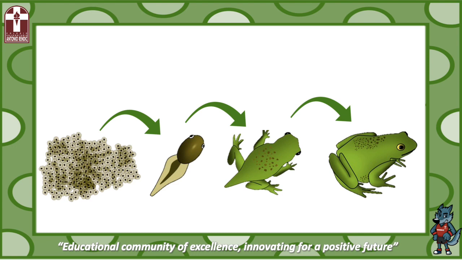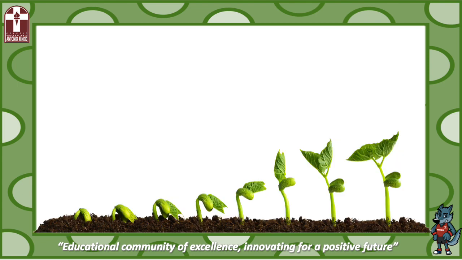And then the froglet turns into a big frog. Plants have a life cycle too. First it starts like a seed. And then, after a while, it grows into a big plant.